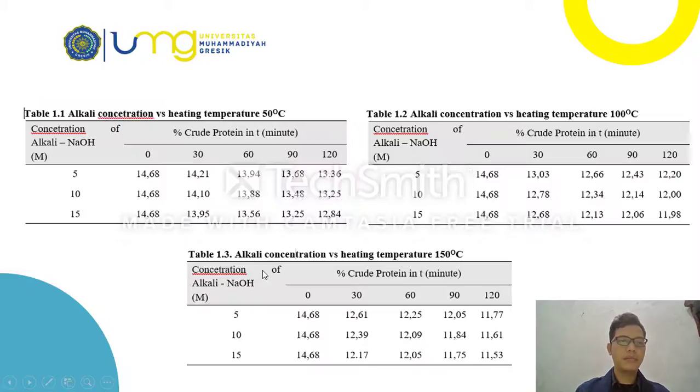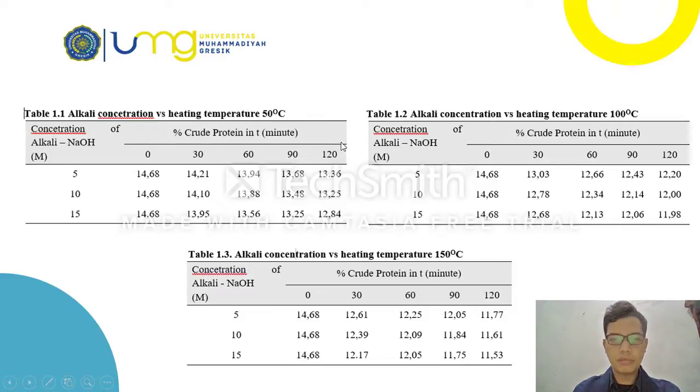Okay, and then this is the result for crude protein over many minutes versus the concentration of alkali, sodium hydroxide at 5, 10, and 15 molar.